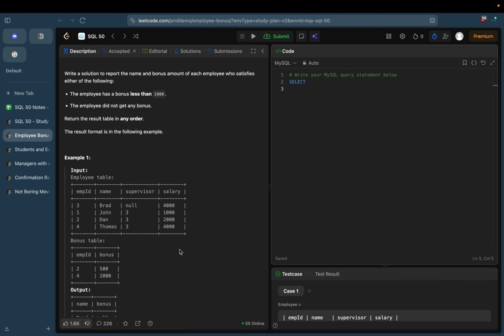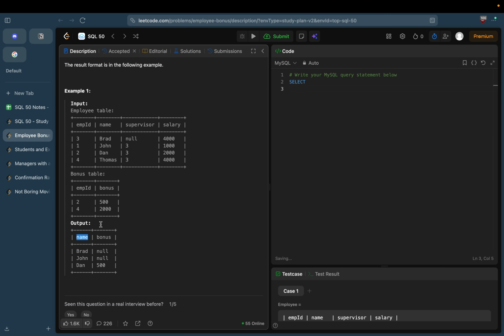Selecting the columns. Right, so name organically is coming from employee. Let me first complete the source table and the joins from the first table, that is employee. Give it an alias e, doing a left join.